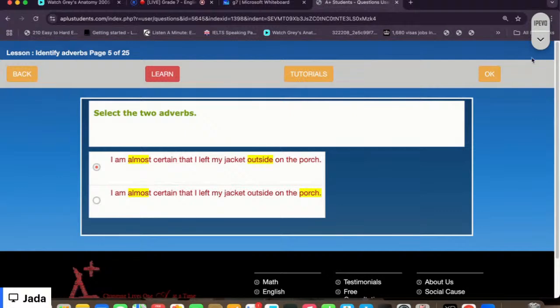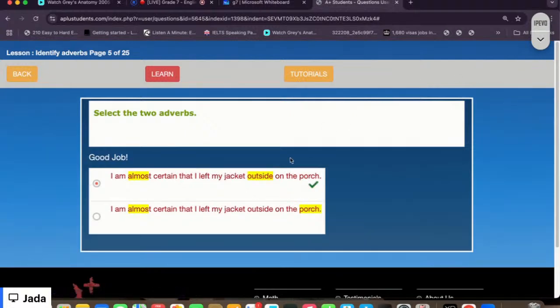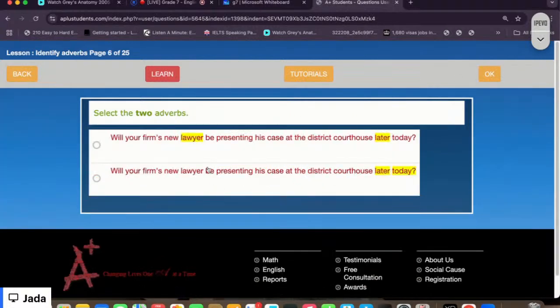Okay, so we have the first one. All right. Will your firm's new lawyer be presenting his case at the district courthouse later today? So, what are the two adverbs here?